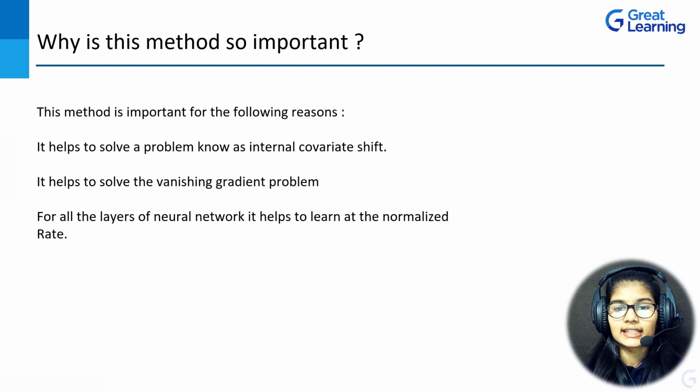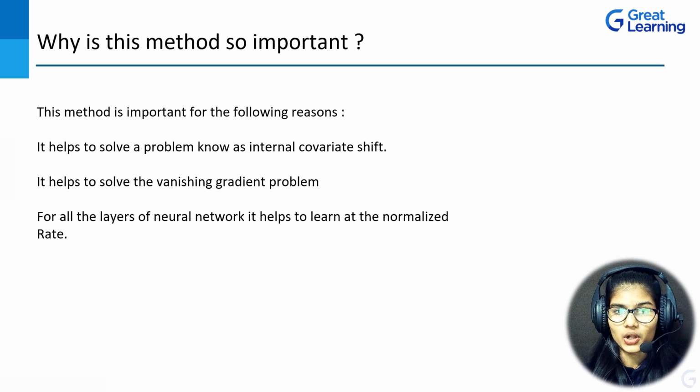It means there is a shift in the distribution of network activations, and since all of this works internally, it is called internal covariate shift.